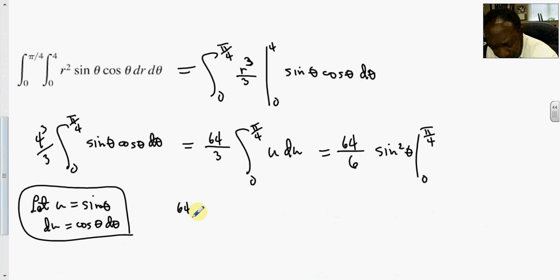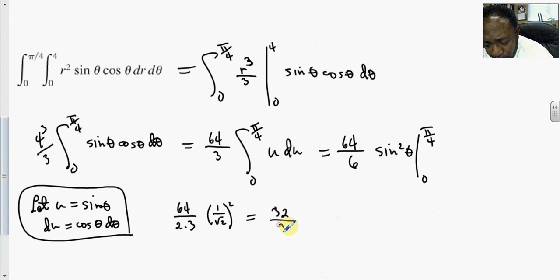So we have 64 over, that's 2 times 3, just breaking that down. This is sine of pi over 4 squared. Well, sine of pi over 4 is 1 over the square root of 2. And that squared, here we have 32 over 3 times 1 over 2. And so we get 16 over 3.